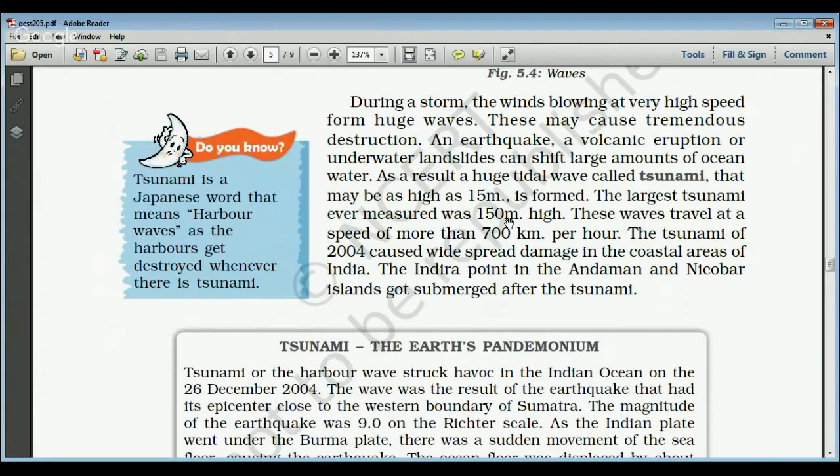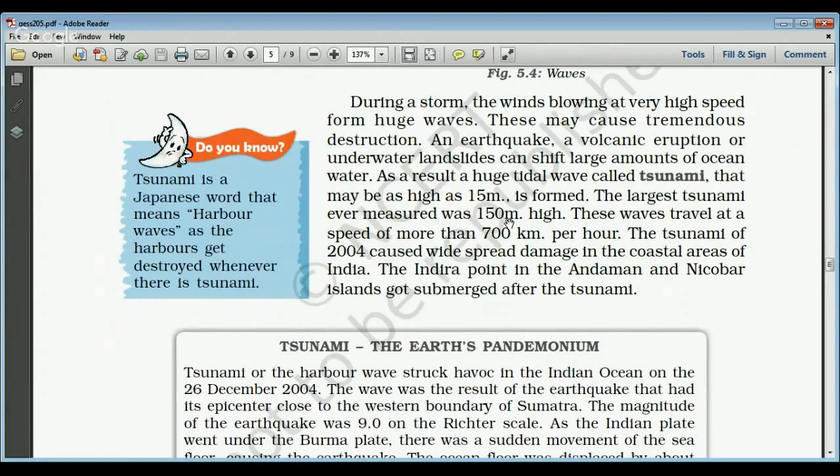Then they will draw a large amount of water from the coast, and whenever that water again re-emerges onto the coast, then because of plate tectonics and various earthquake reasons, a huge wave will be formed with the highest speed, even more than 700 kilometers per hour.